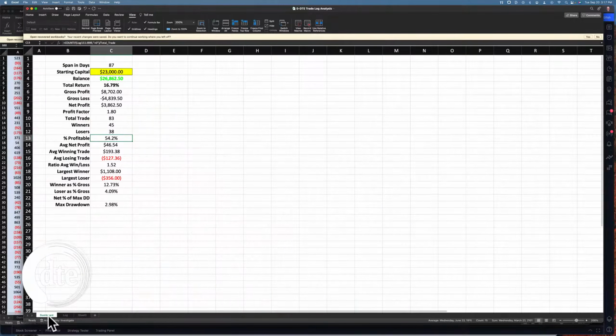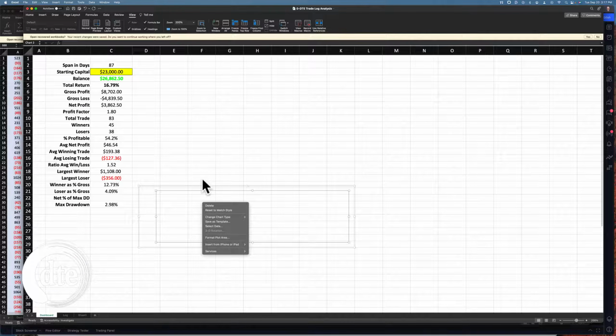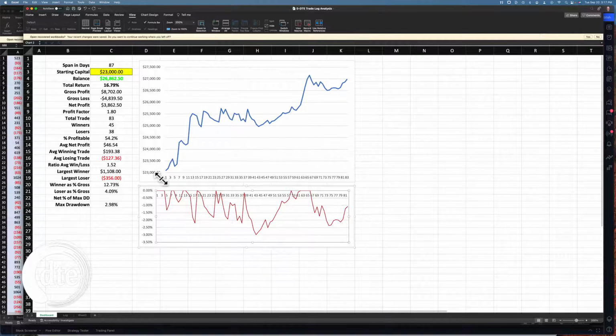And that results in this kind of profit curve. And also the other thing this type of trading results in is very, very low drawdowns. In this case, my max drawdown so far has only been under 3%. So that is the characteristics of this type of zero DTE trading.